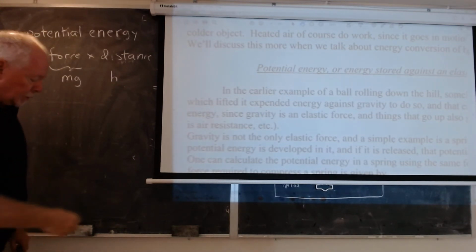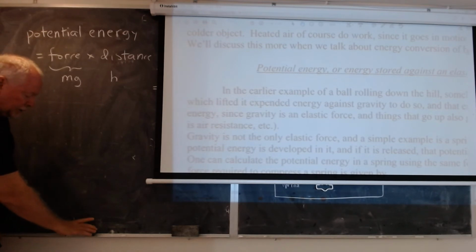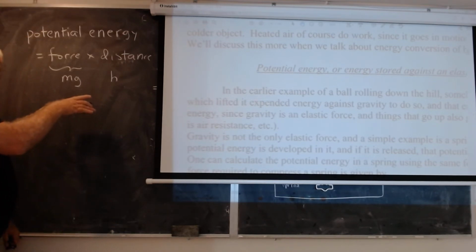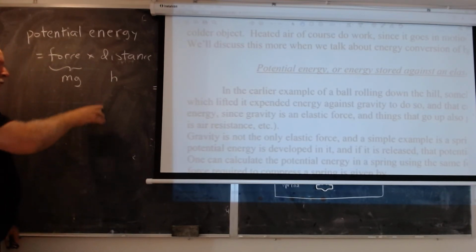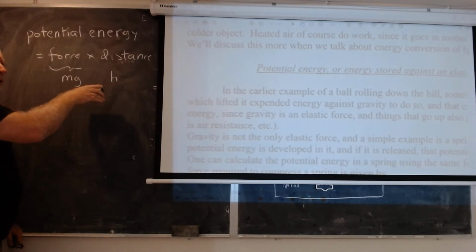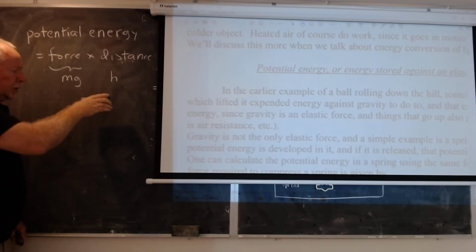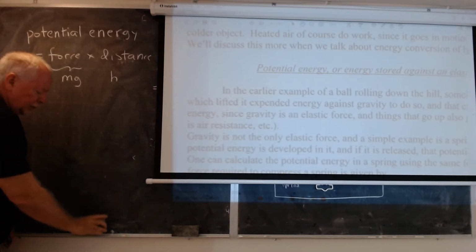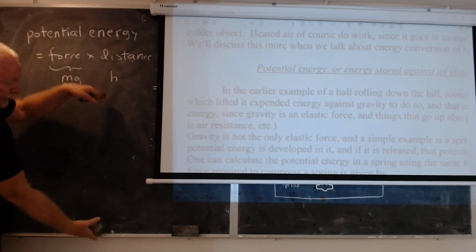For example, if I take this eraser and lift it against gravity, the force is constant because the force of gravity near the surface of our planet is relatively constant. So the energy I've supplied to this eraser, lifting it above where it was, is equal to mg times the height.